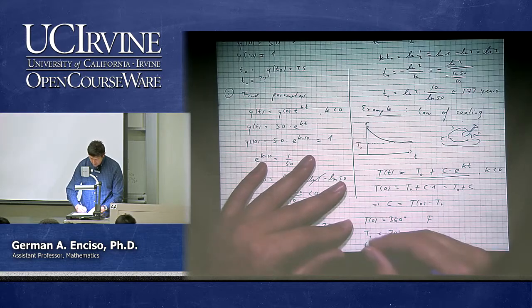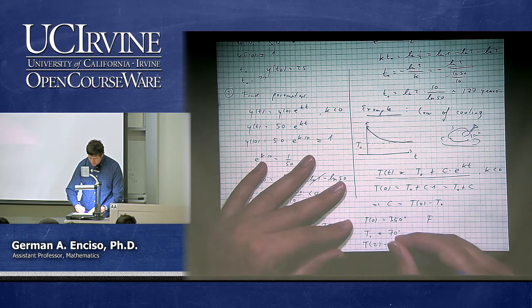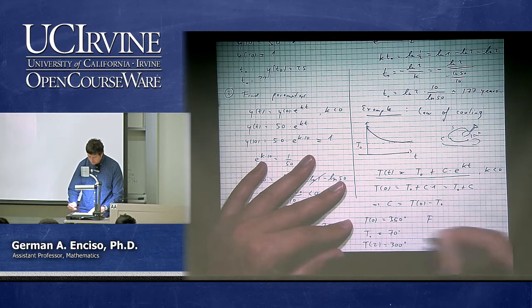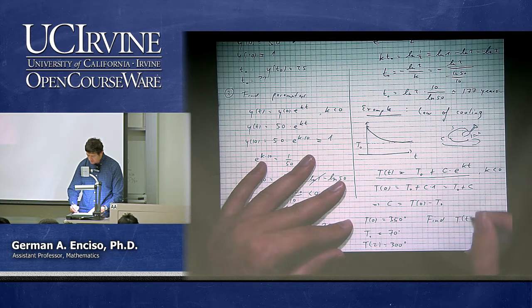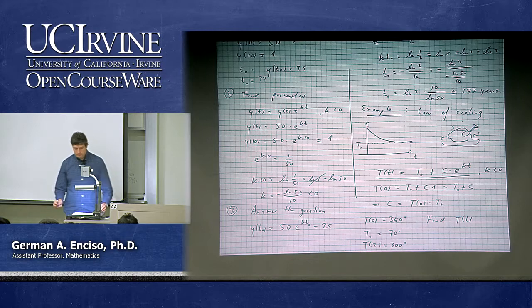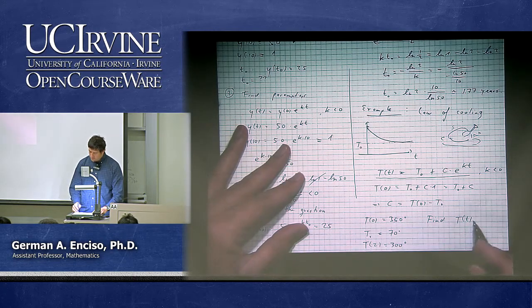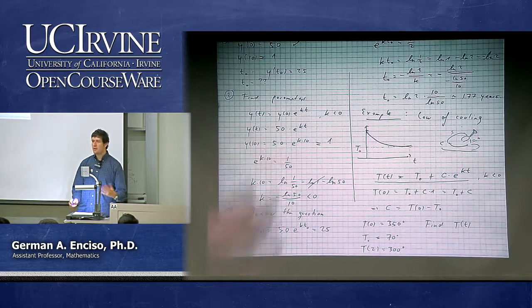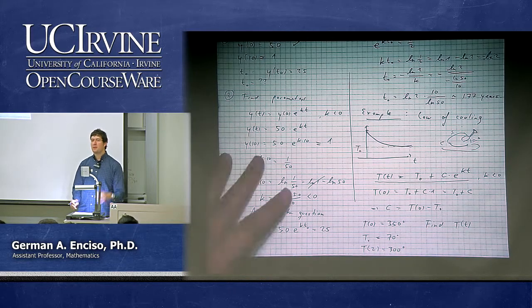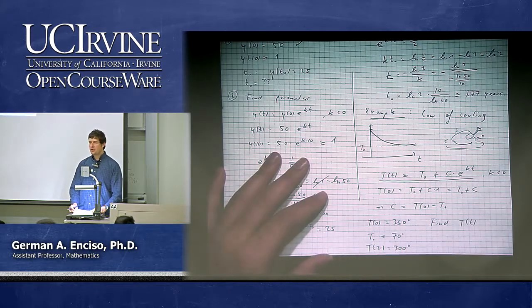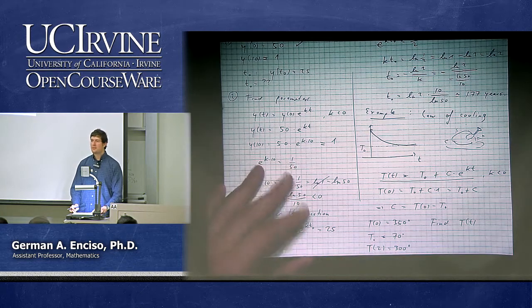Let's say that T of, I don't know, 5 minutes or 2 minutes is equal to, say, 300 degrees. You should be able to find the temperature over time. And you should be able to figure out other things like what is the temperature after such and such time, or find out how long it takes until the turkey reaches 100 degrees, something like that.